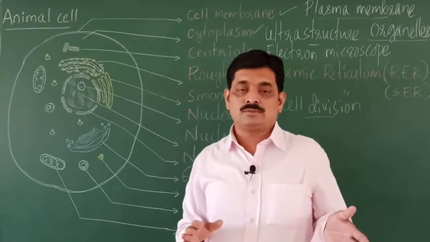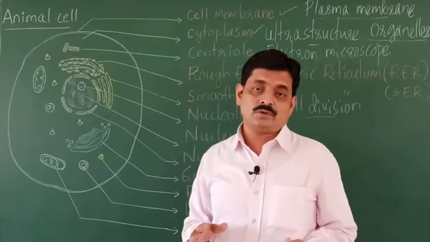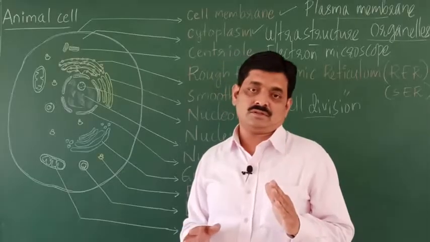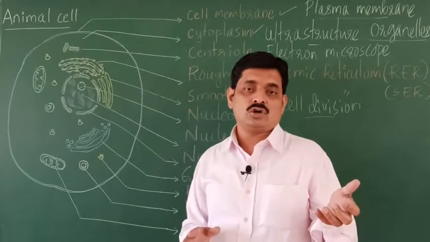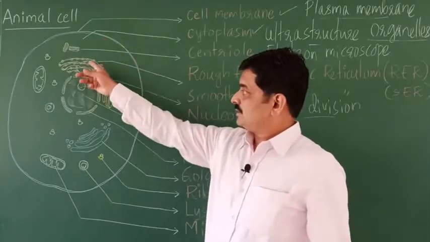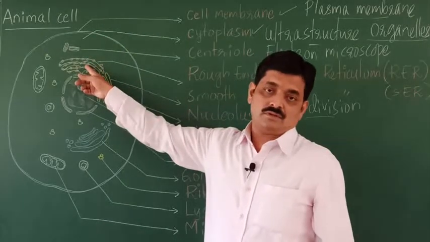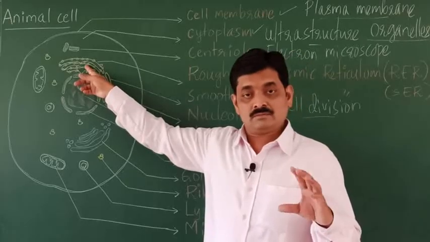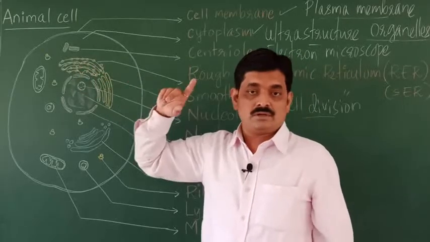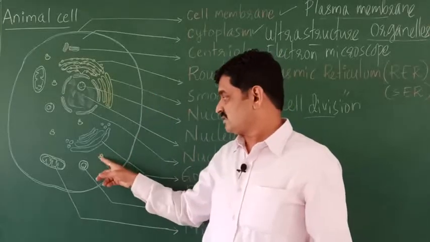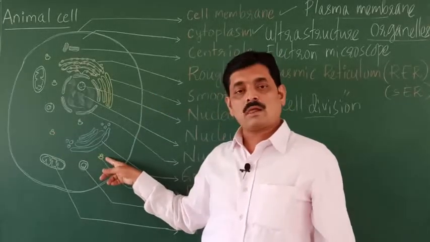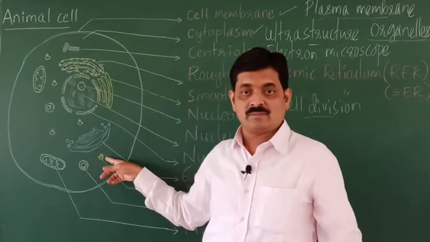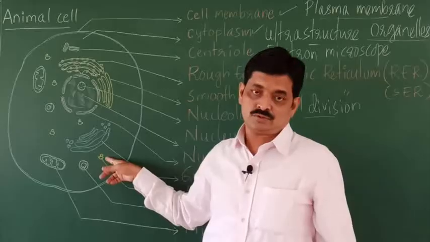The opposite of free ribosomes is bound ribosomes. Bound ribosomes are attached to a particular organelle. For example, the ribosomes attached to the endoplasmic reticulum can be called bound ribosomes, whereas these ribosomes are not bound, they are freely present in the cytoplasm, so we call them free ribosomes.